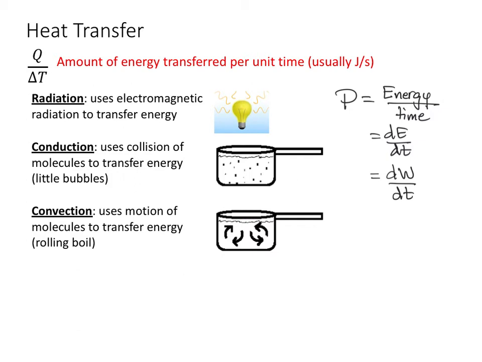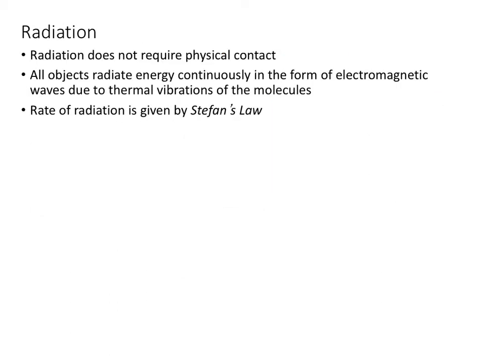So conduction typically, not always, but typically is through a solid or a liquid, and it's because of molecular collisions. Convection is energy transfer in a fluid, so liquid or gas, because of a bulk motion of the molecules themselves.